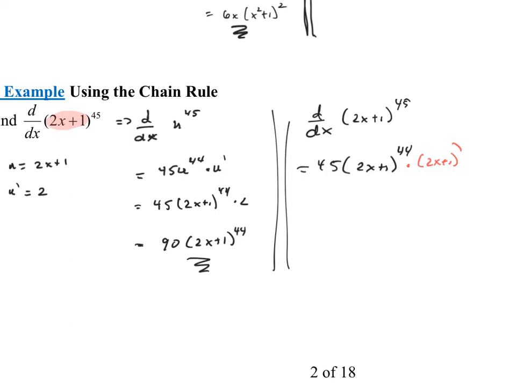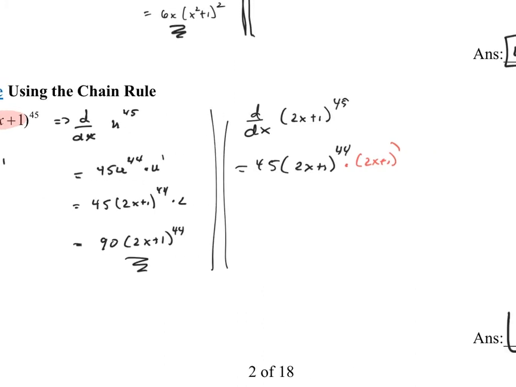That's because I'm too lazy to write the derivative with respect to x every single time, so I just put the prime there. All right. And again, the derivative of 2x plus 1 prime is just a 2. And then you just simplify. 45 times 2 is 90 times 2x plus 1 to the 44th. Same exact answer. Drop the power, inside exactly the same, power minus 1. Always remember to multiply times the derivative of the inside.